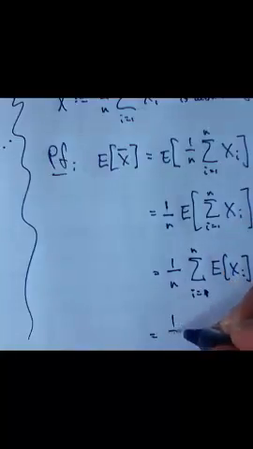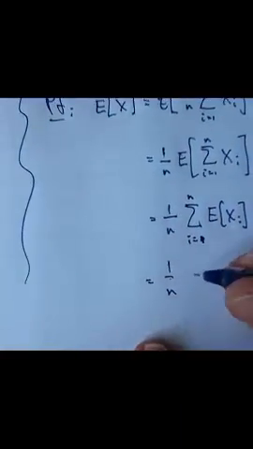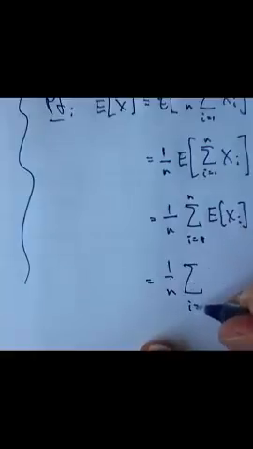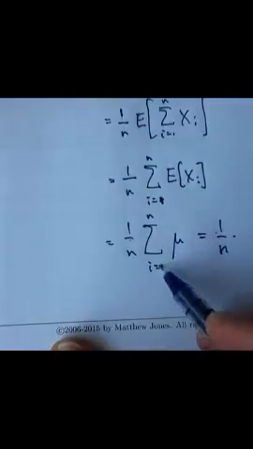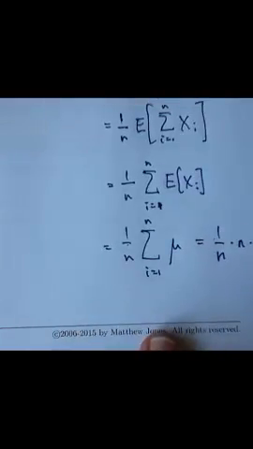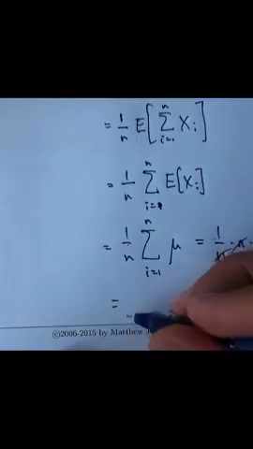Now, what's the expected value of one of those observations? By definition, it's just the population mean. This is just another way to write the population mean. So this is 1 over n times the sum of mu's from 1 to n. I've got n of them, so I'm summing up n mu's. The n's cancel, and this is just mu.